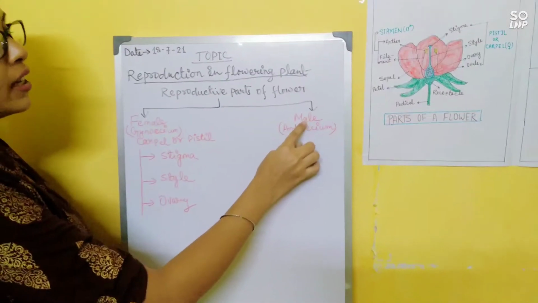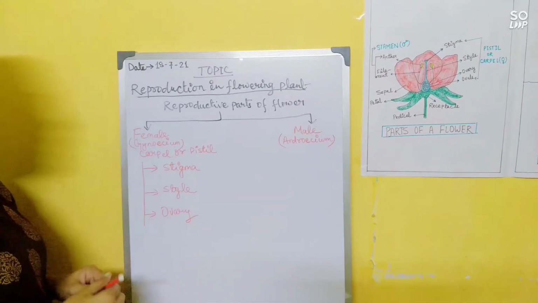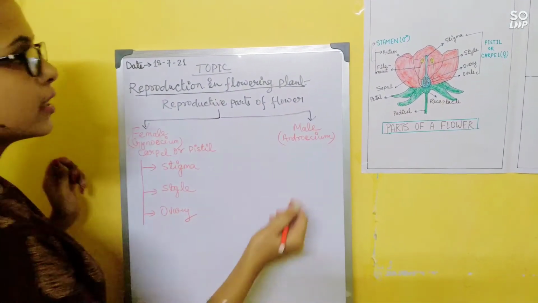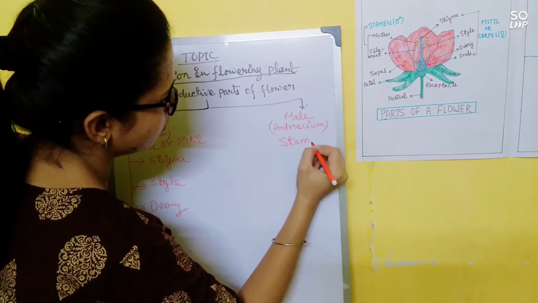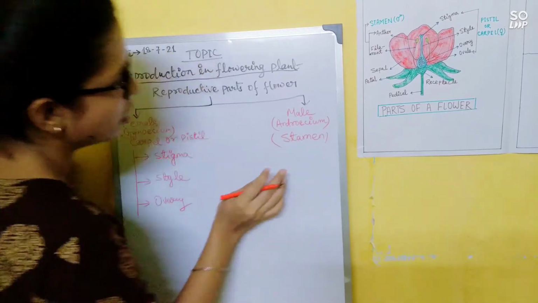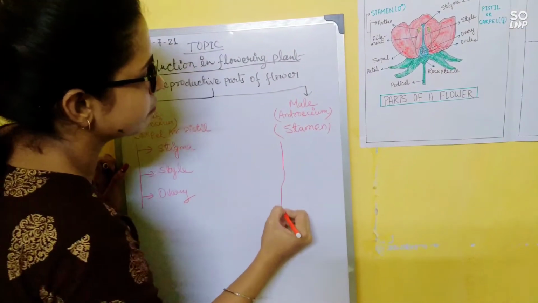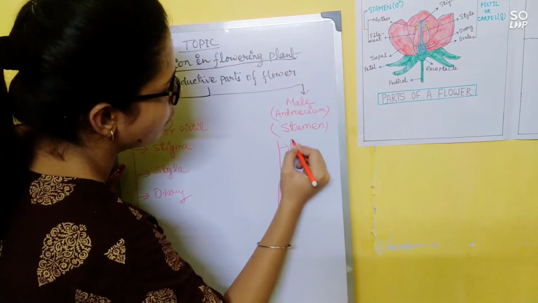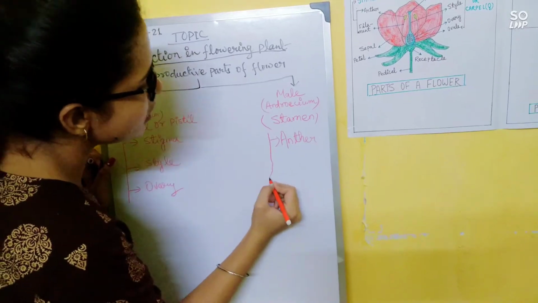So, another is the male reproductive part, that is androecium. Androecium is also called stamen. Now stamen is further divided into two parts. First is anther, second is filament.